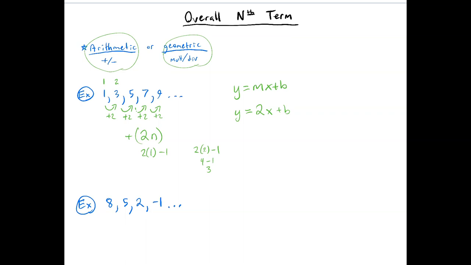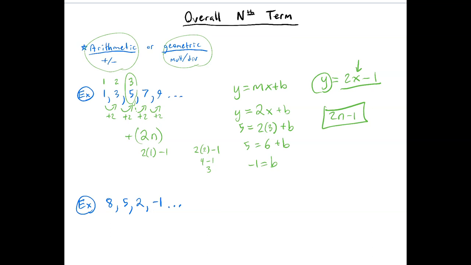You could say the third term was 5, so plug in the third term equals 5 and solve. 5 equals 6 plus b, we get b equals negative 1. So the end result is we get y equals 2x minus 1. That's the equation for it. Or you could say the nth term. So if I plug in the n here, what I get coming out is 2n minus 1. That's the nth term of this sequence.